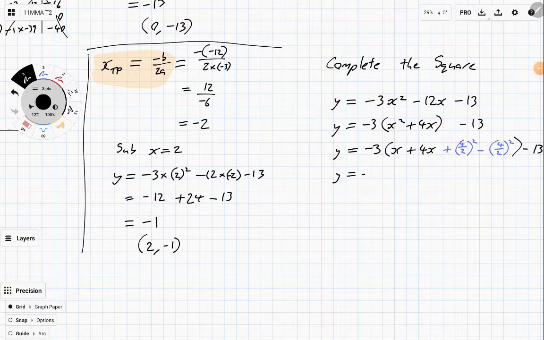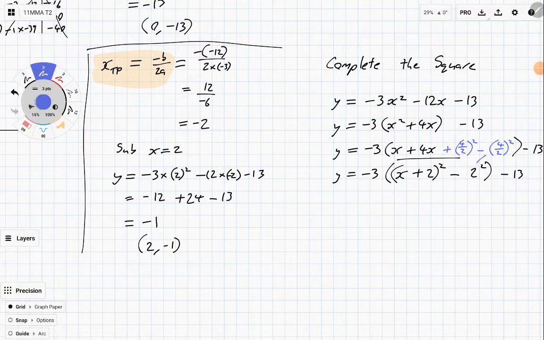That's the whole actual point of the completing the square method. So we get x plus 4 on 2, which is just 2 squared, minus 4 on 2 squared, which is just 2 squared, minus 13. So these three terms collapsed, and that term stays. Now we need to expand these brackets, minus 3 times that, minus 3 times that.